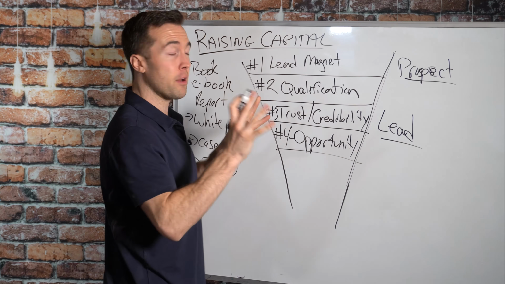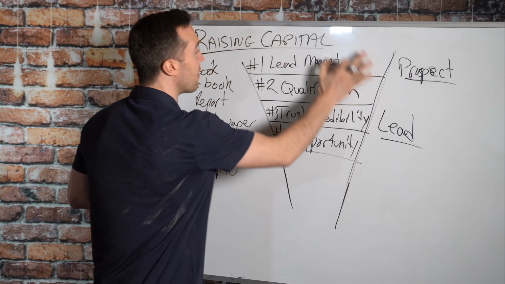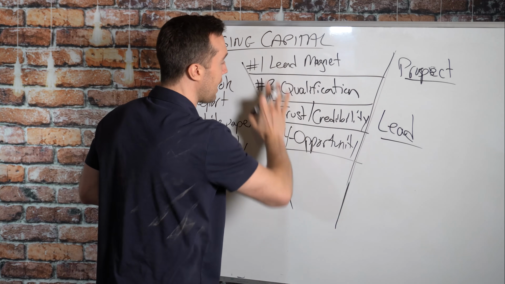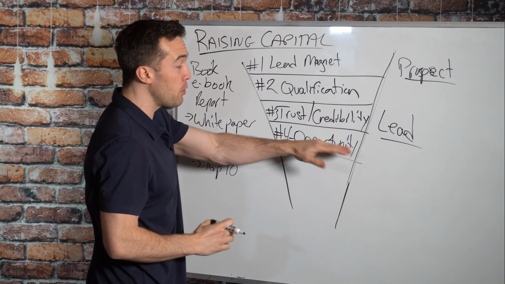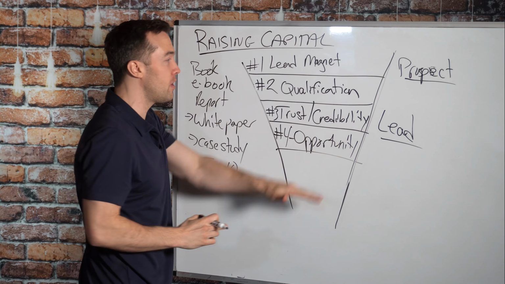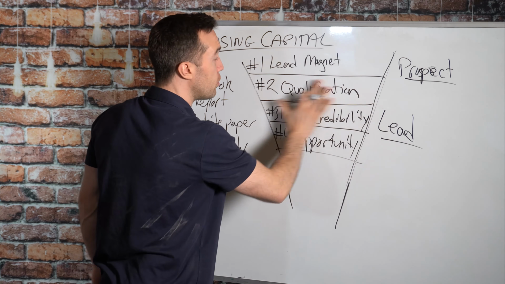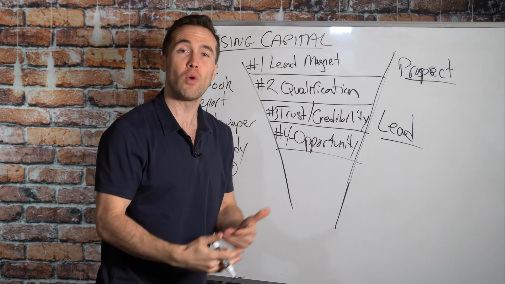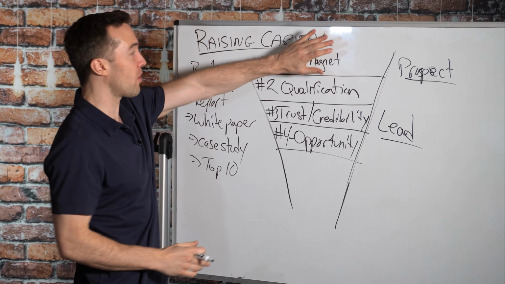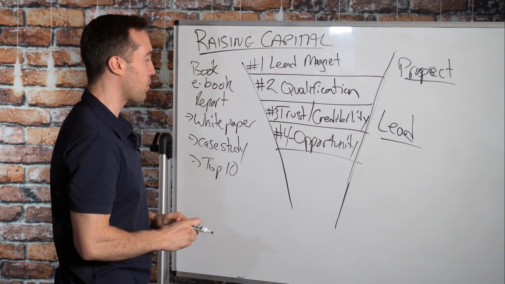So ideally, in a perfect world, if you need to raise capital for a deal, you will have already done these 3 steps well in advance. So by the time you have a deal, by the time you have an opportunity, you've got your investors primed. They like you, they trust you, they think you're credible. So when you do present the opportunity, they're ready to rock and roll. You don't want to start this process when you have to be down here. It just doesn't work that quickly.